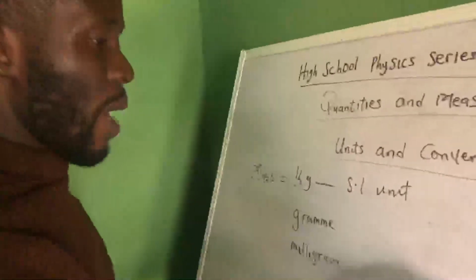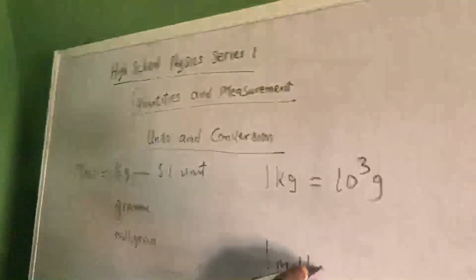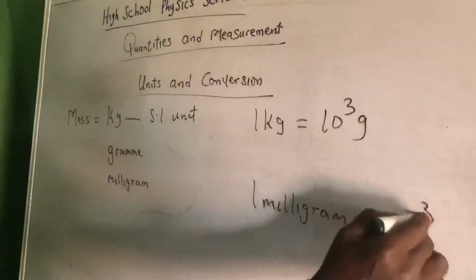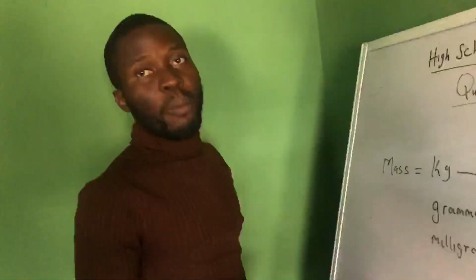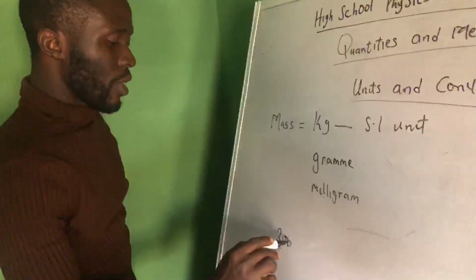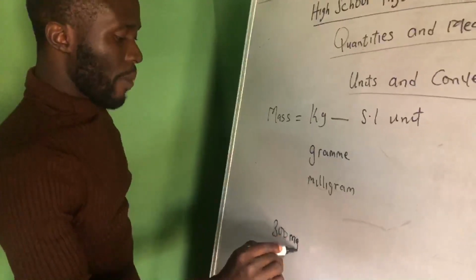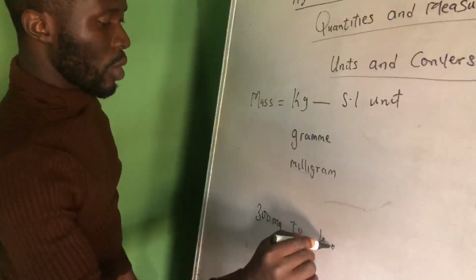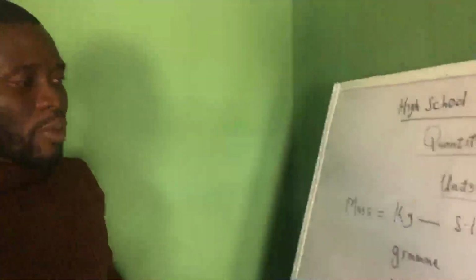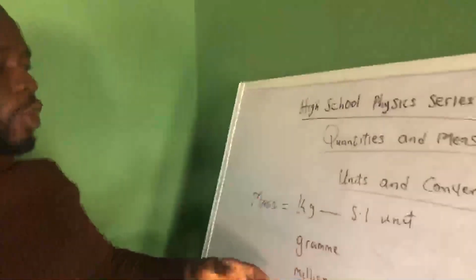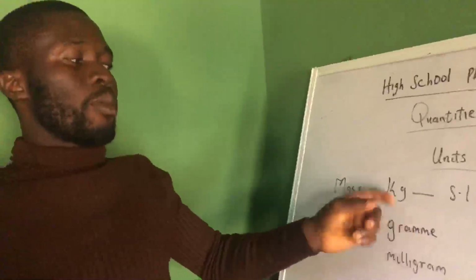And what is 1 milligram? Milli, you remember from millimeter, that is 10 raised to power minus 3 gram. That's 1 milligram. Now, let's say for example, we want to convert 300 milligram to kilogram. The problem about mass is that you will tend to think that gram is the SI unit of mass, but it is kilogram.